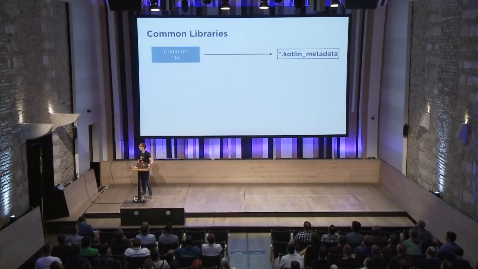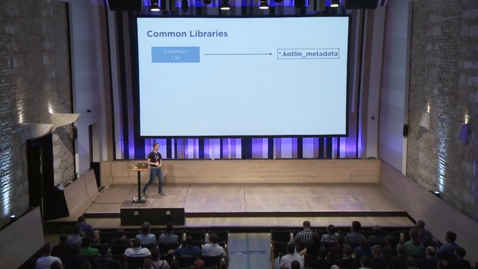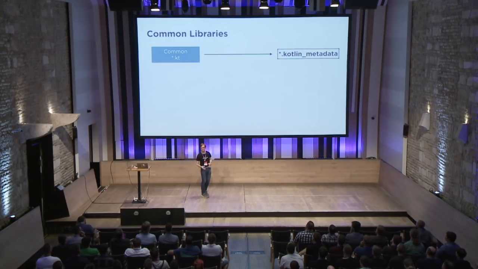So now let's talk a little bit about libraries. I've already mentioned that there is no common executable format for common code. But still, I already showed that we have common libraries. How is that possible then? What do we compile to?